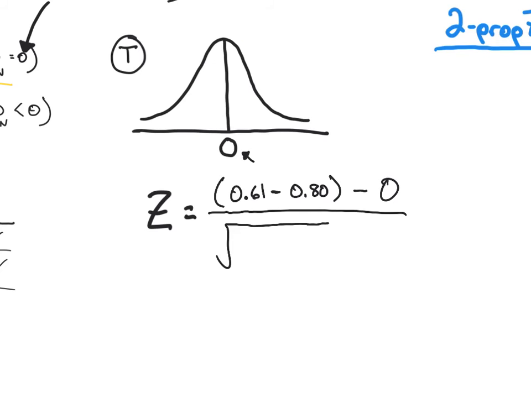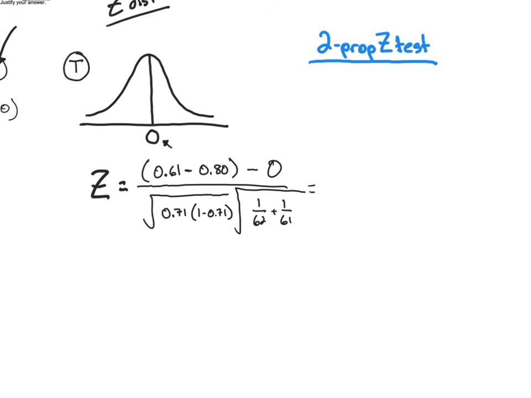It gives you z, it gives you the p value, and then it starts giving you other stuff you might want. P hat 1, p hat 2, p hat without any subscript. That is the p hat combined value. So 0.71, 1 minus 0.71 over, now we just need the sample sizes, 1 over 62 plus 1 over 61.